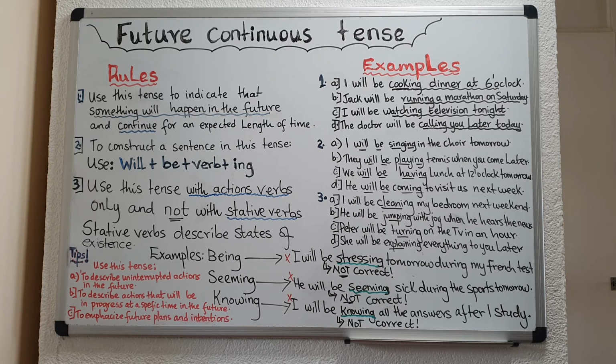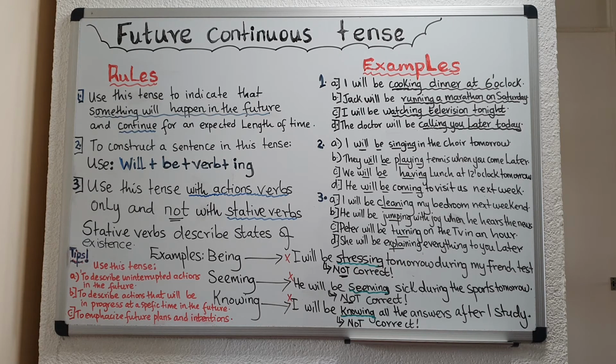So in all those sentences in examples 3a, b, c, and d, we have action verbs. We have doing verbs. Somebody is doing something, okay? So we only use the future continuous tense with verbs that are action verbs, not with stative verbs.